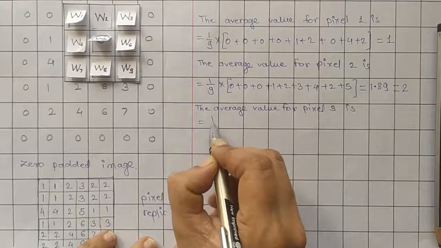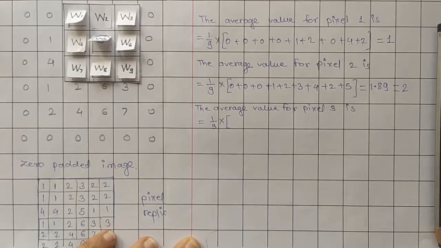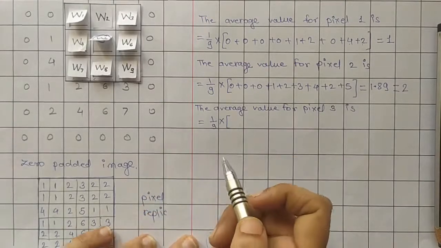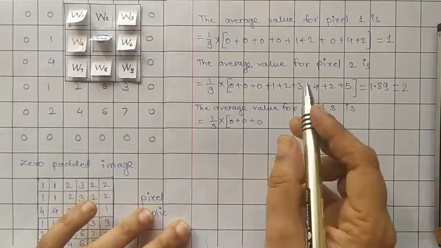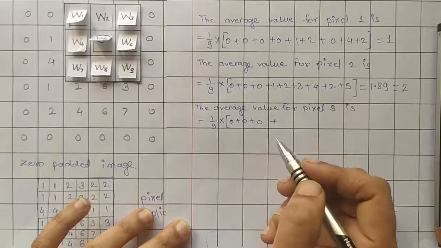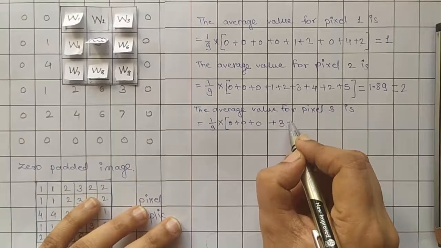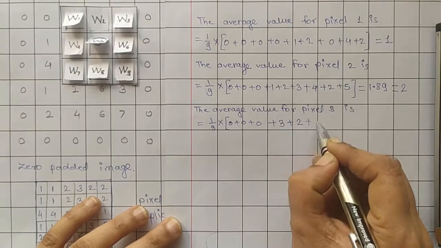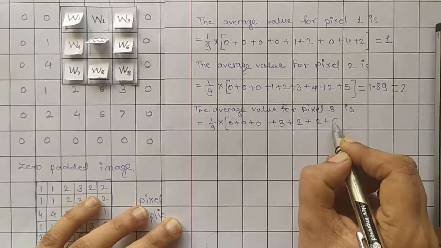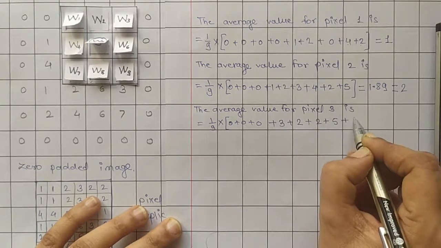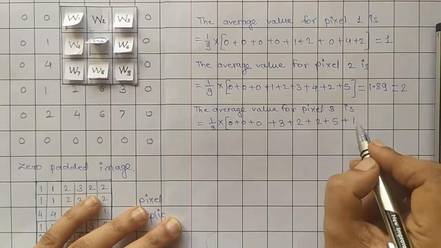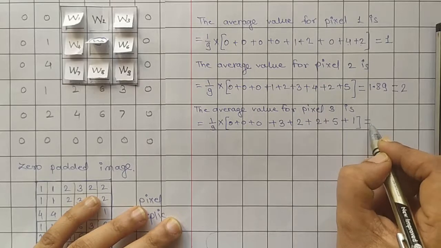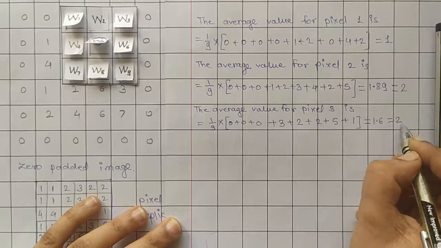I do 1 by 9 into 0 plus 0 plus 0 plus 3 plus 2 plus 2 plus 5 plus 1, so it is nearly equal to 1.6, which will be 2.